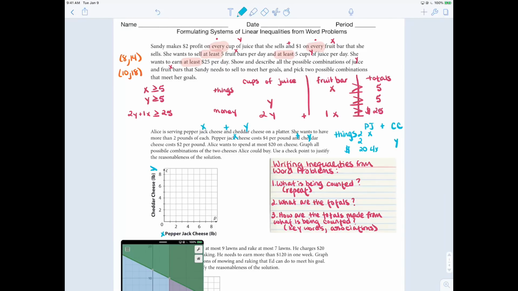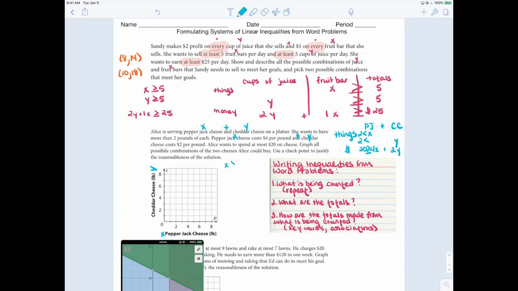With $4 per pound for the pepper jack and $2 per pound for cheddar cheese, and at most means this is the greatest, and wants to have more than 2 pounds of each, so more than 2 pounds, more than 2 pounds, and we can rewrite our inequalities.